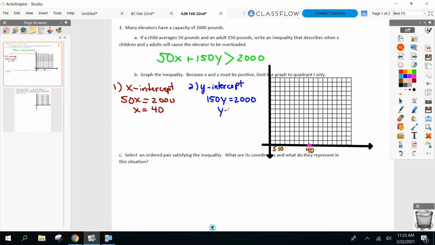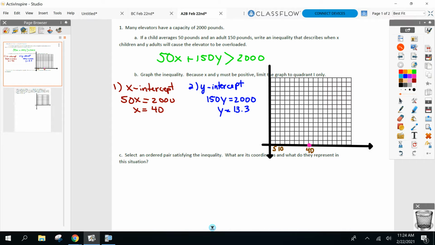Don't freak out, guys. We're fine. After you divide both sides by 150, you guys are getting about 13.3 repeating? All right, that's fine. That's going to be on my y-axis now. And unlike my x-axis, I think I can handle going by ones here. I think I'll reach 13 and 14 going by ones. So I don't need to change the scale on the y-axis.